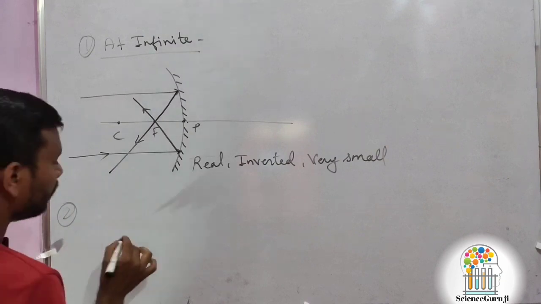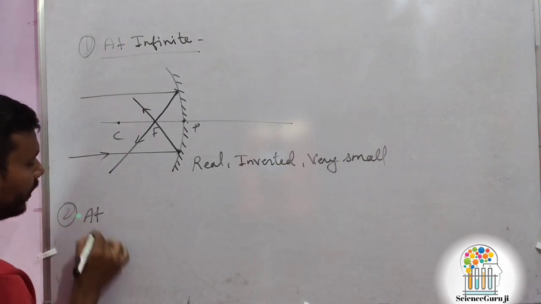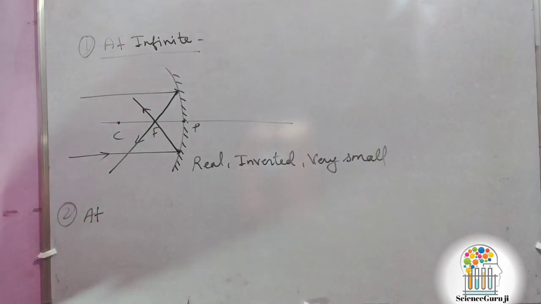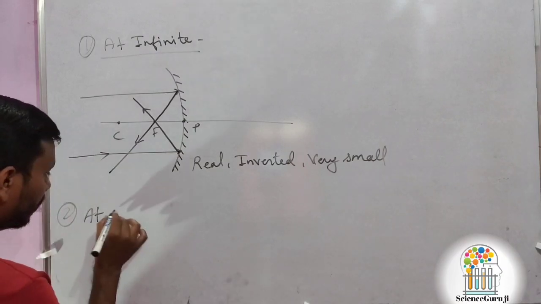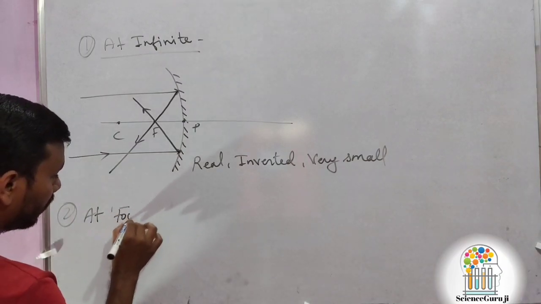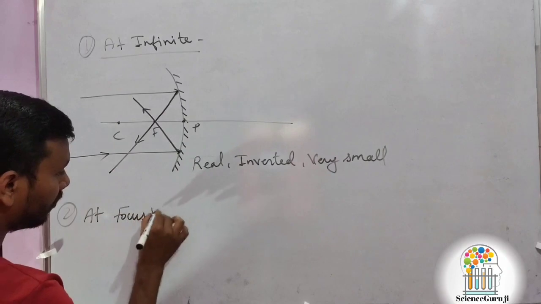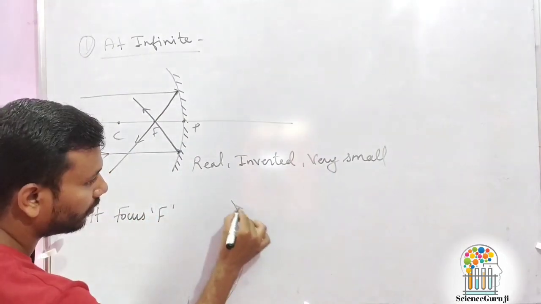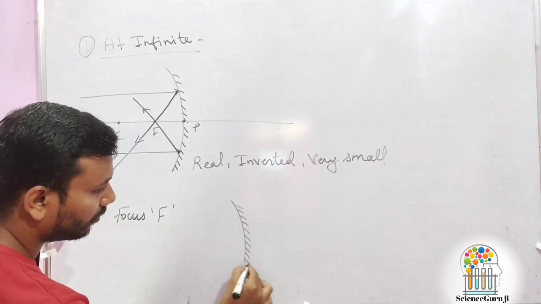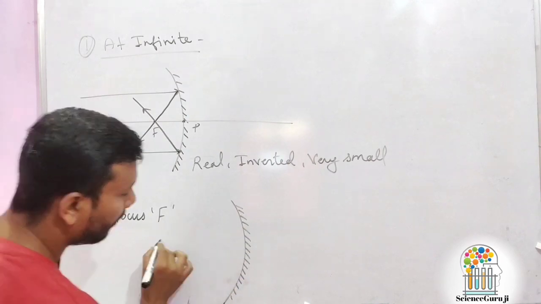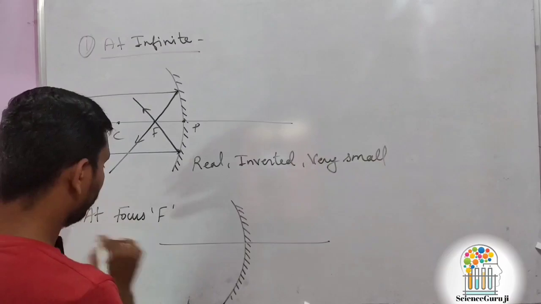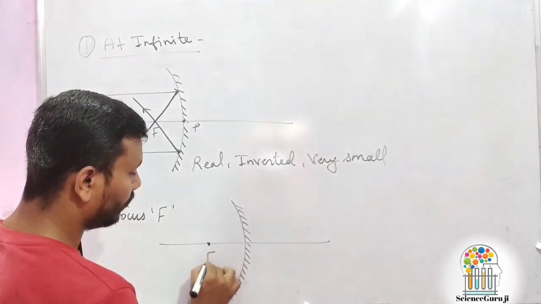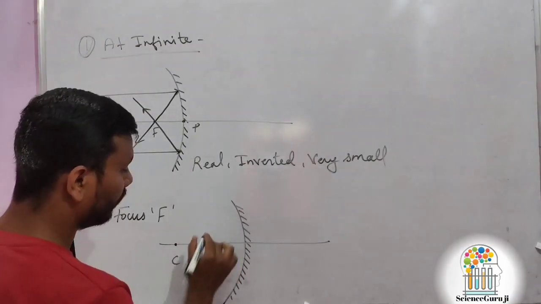Second one, if the object is at the focus, then how does the image get formed here? Suppose this is my focus, this is our center of curvature.